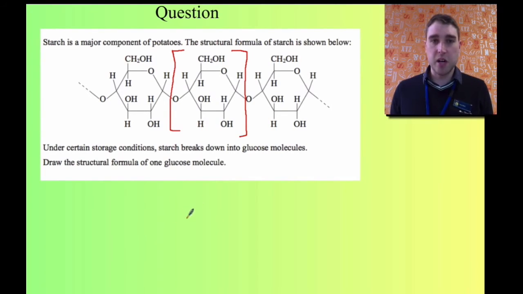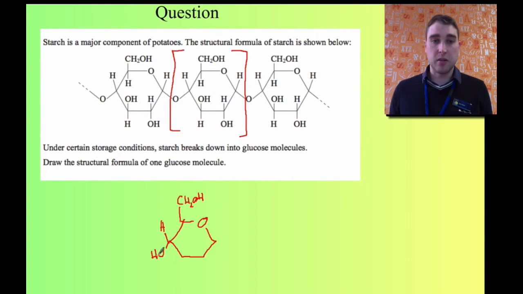I'm going to start by basically copying the structure that I already have. So I've got CH2OH up here. I'm going to go to an oxygen, down, down, cross, cross, up. So I've got my hexagon shape there. I'm going to shove on my H's, and down here where this O is, there needs to be another hydrogen next to it.